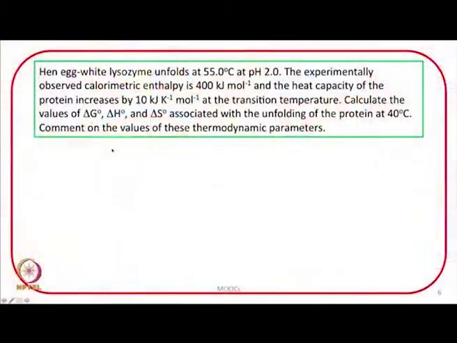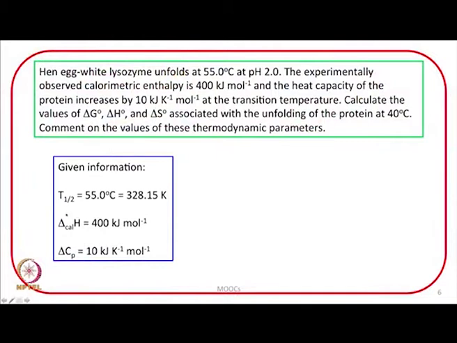Now coming back to the question which was being asked to us, with the given information, because that's all we needed: the transition temperature, the calorimetric enthalpy, and the change in heat capacity.